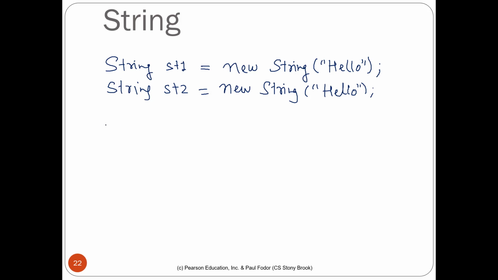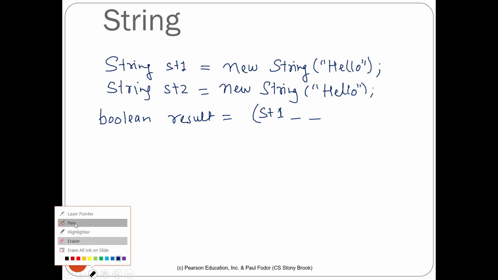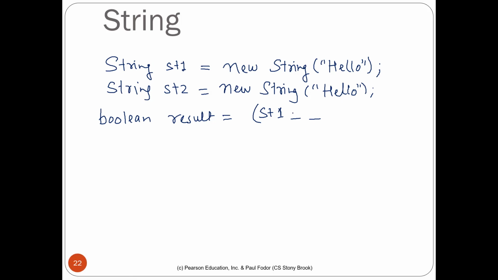And then we'll say boolean result is equal to st1 equals equals st2, and then you try to print System.out.println result.